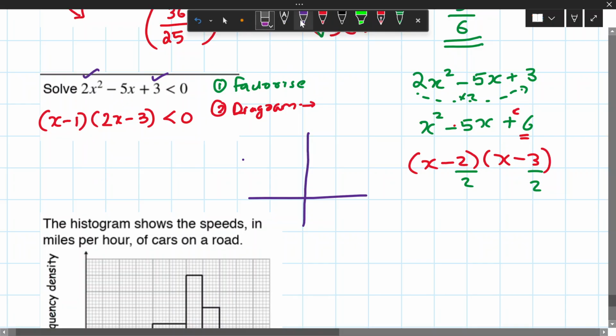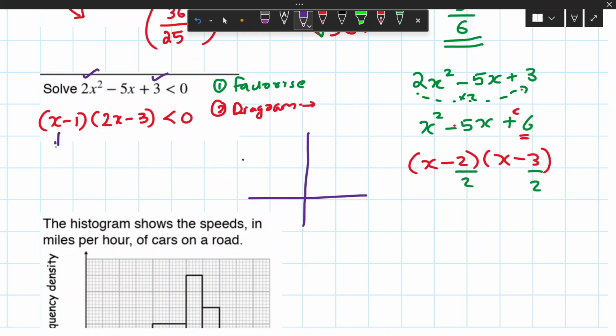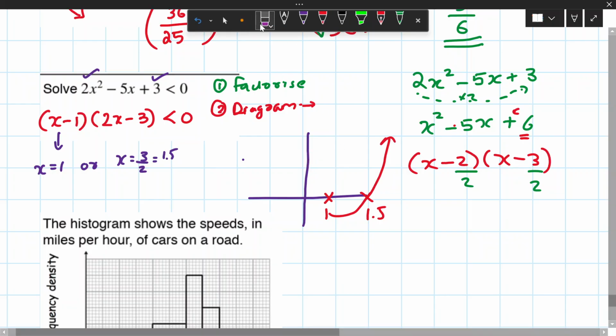So this would mean x is equal to 1 or x is equal to 3 over 2, which is 1.5. So the two roots, the two points that we are interested in, one is 1 and the other one is 1.5, and we know it would be a positive quadratic. Should we start?